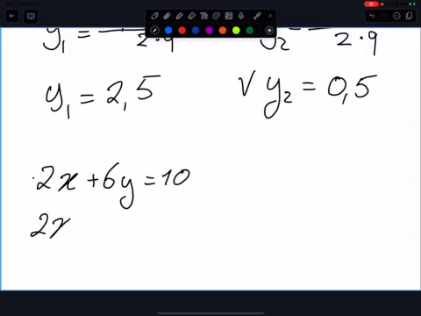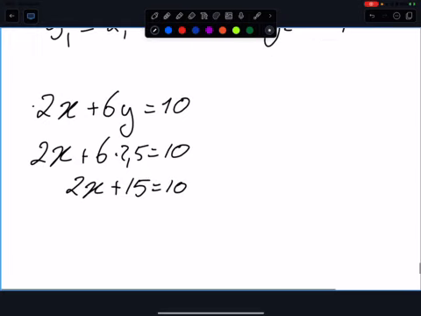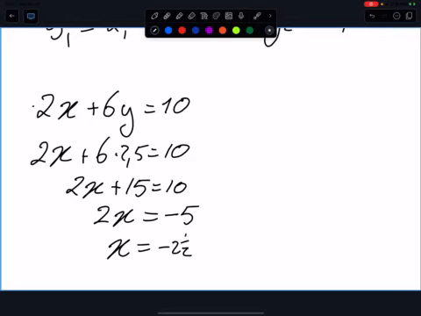So 2x plus 6 times 2.5 equals 10. So 2x plus, this is 12 plus 3 is 15, equals 10. 2x equals minus 5. So x is minus 2.5.